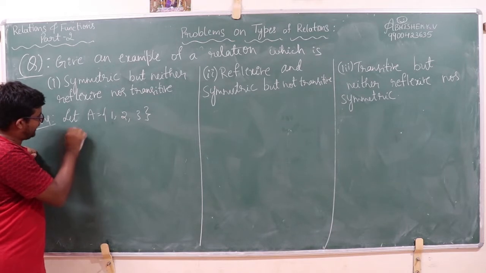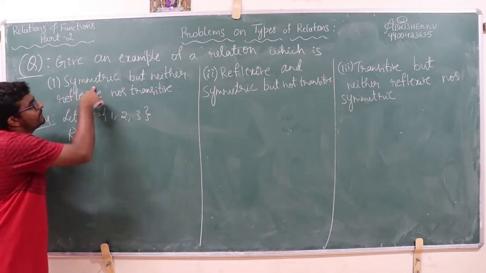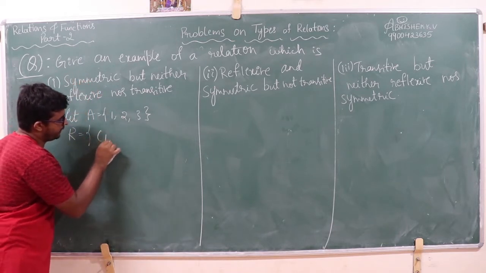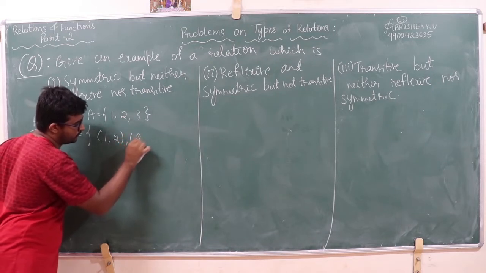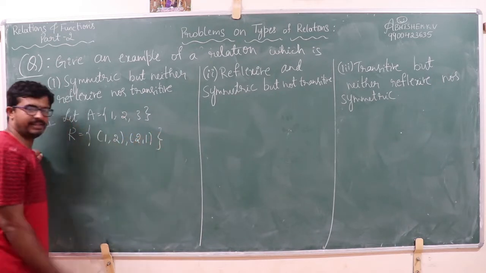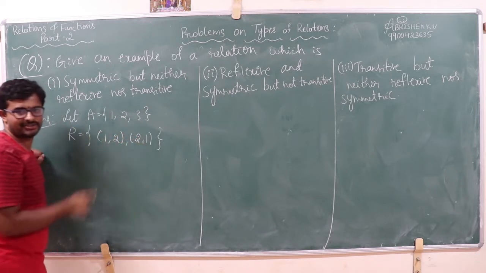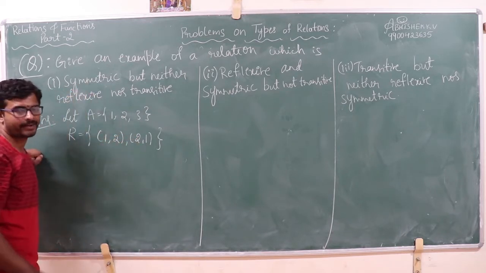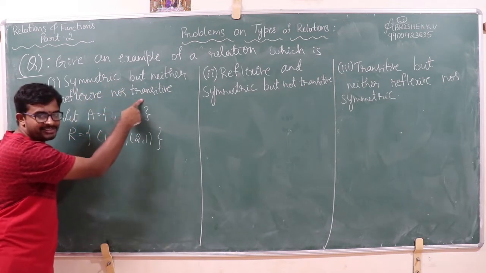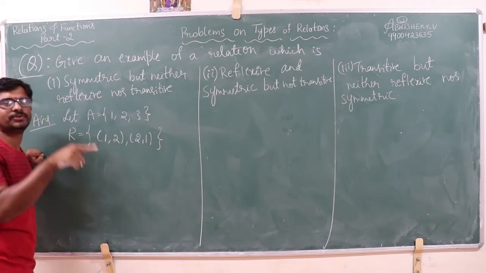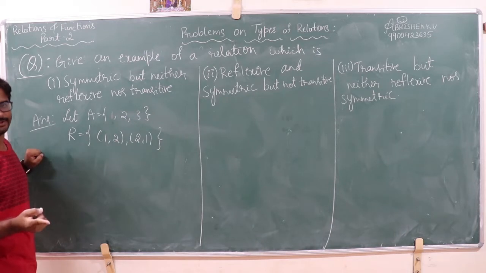We need to write the relation R, which is symmetric, means if I consider 1 and 2, then 2 and 1. See, (a, b) belongs to relation implies that (b, a) belongs to relation, therefore it is symmetric. Neither reflexive nor transitive means the given relation R should be not reflexive and not transitive.